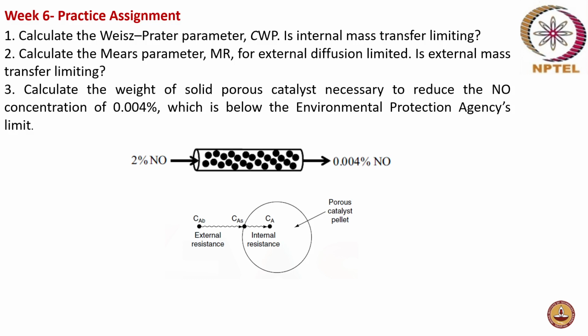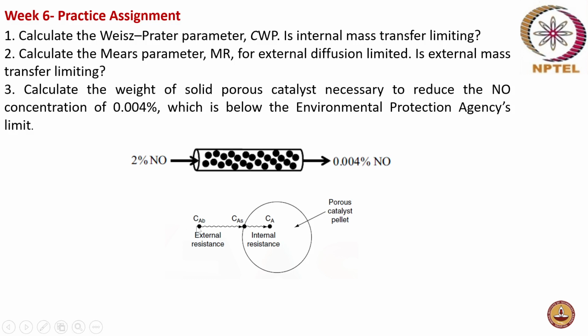So, there is a packed bed reactor where porous spherical catalyst containing carbon particles is packed in the reactor, and nitric oxide with 2% concentration enters the reactor, and nitric oxide with 0.004% concentration comes out of the reactor, the final concentration. So we have to check.